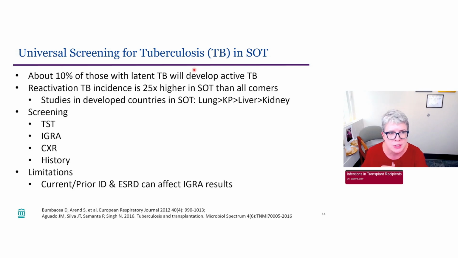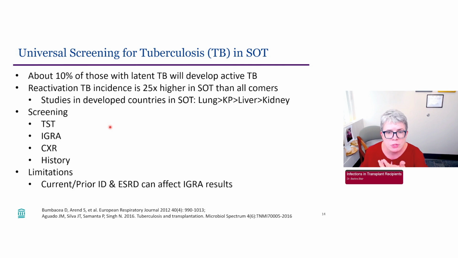Reactivation TB happens a lot. About 10% of those with latent TB will develop active TB, and in a transplant population, it's about 25% higher. In developed countries, it's more often in lungs, then kidney, pancreas, then liver, and actually lowest is kidney.